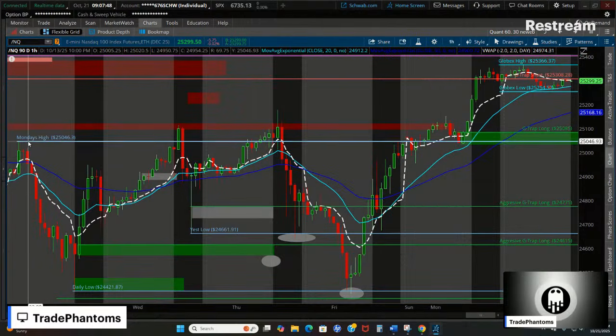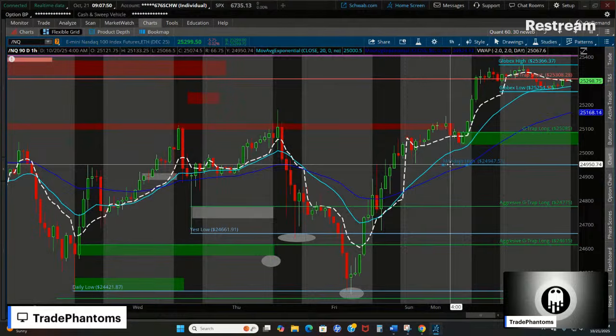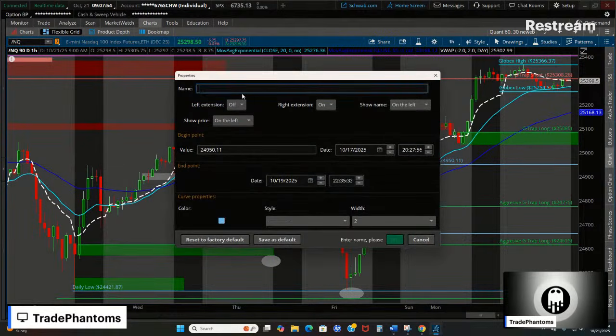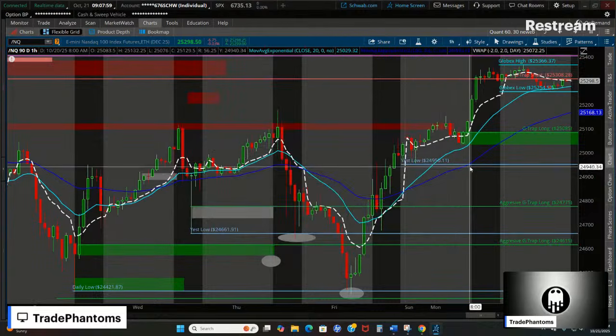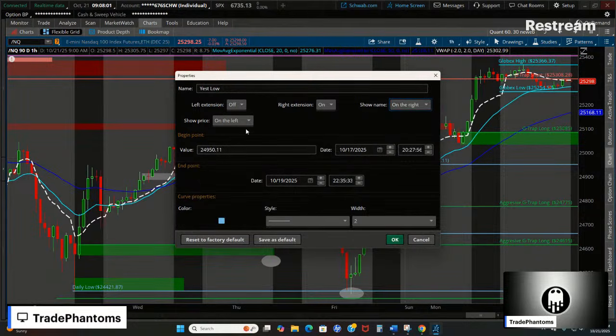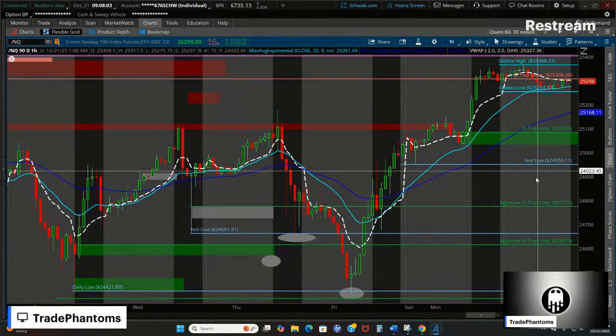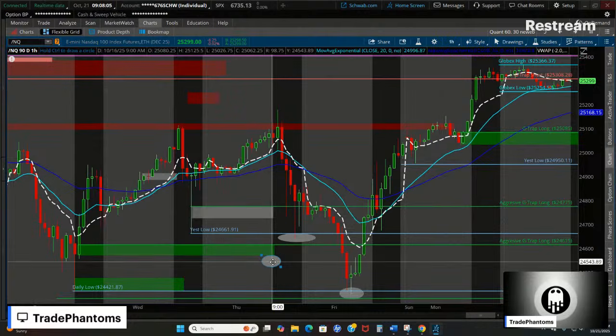This was like Monday's highs. This is going to be yesterday's low now, so I'll mark that as yesterday's low. You definitely want to reference that.